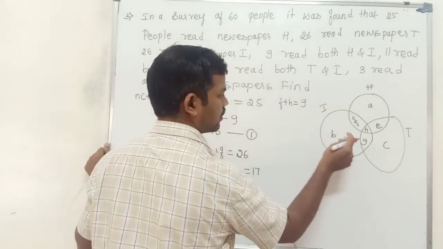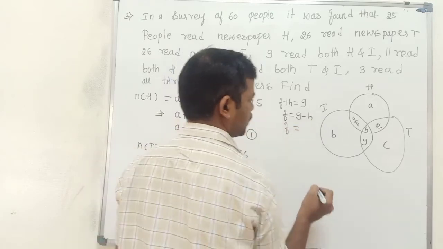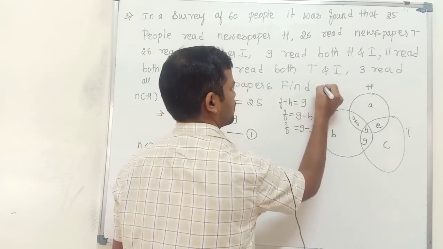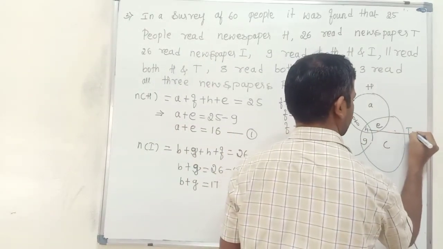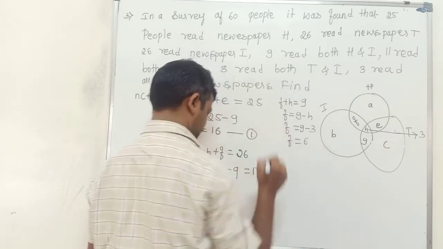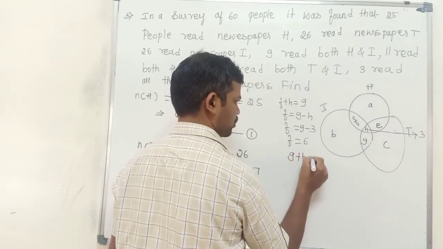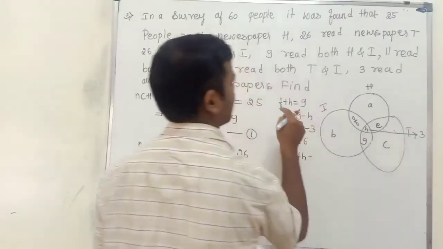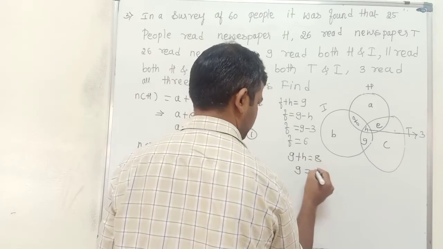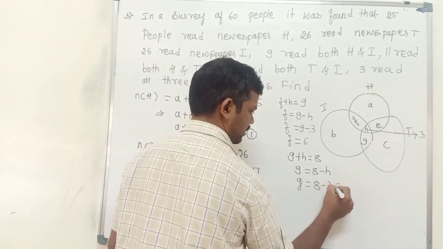Look here, pay attention. g plus f is 9 minus h, and h is already given as 3. So 9 minus 3 is 6. Next, we can find g: g plus h is I intersection t, which is given as 8. So g is equal to 8 minus h, 8 minus 3, that is equal to 5.